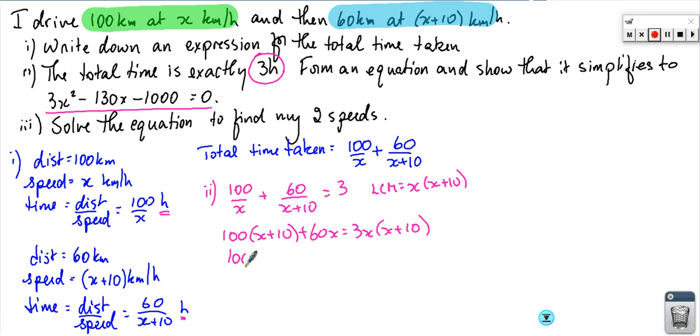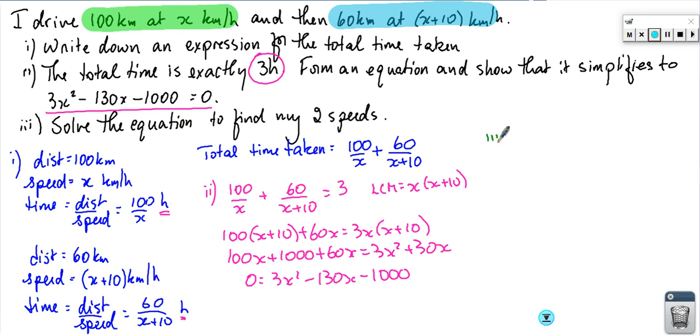So 100x plus 1000 plus 60x is equal to 3x squared plus 30x. So 0 is equal to 3x squared, 30x minus 160x is minus 130x, minus 1000. And there we have got our second part of the problem.